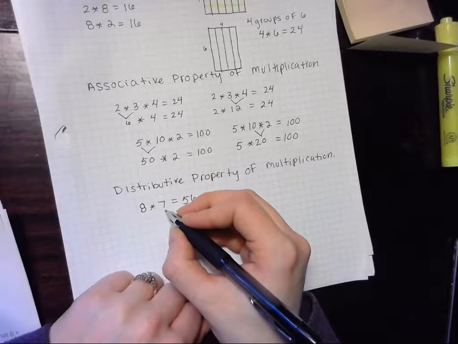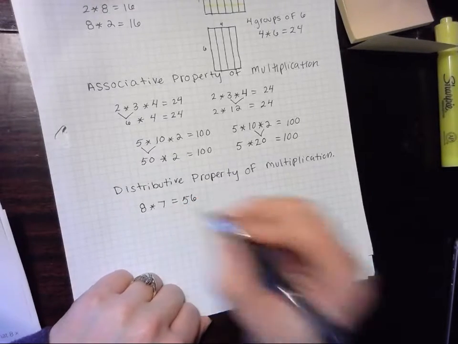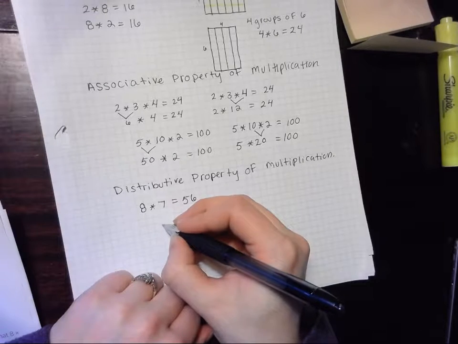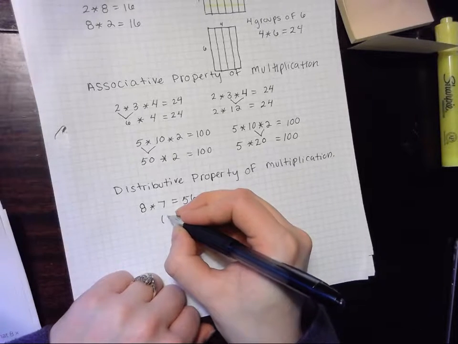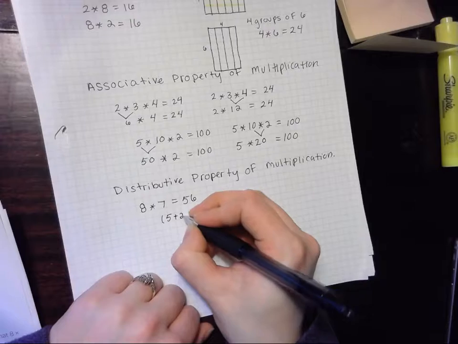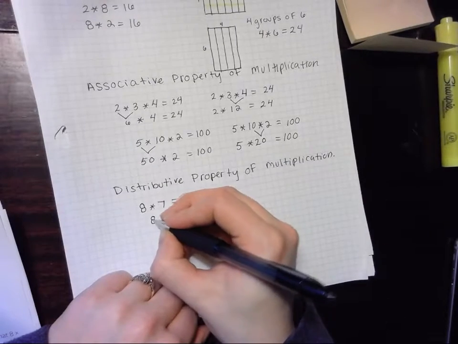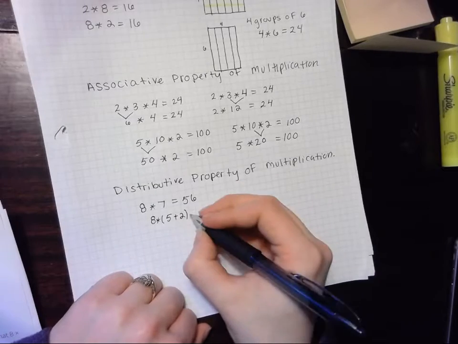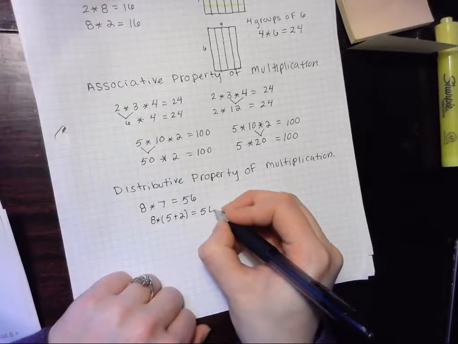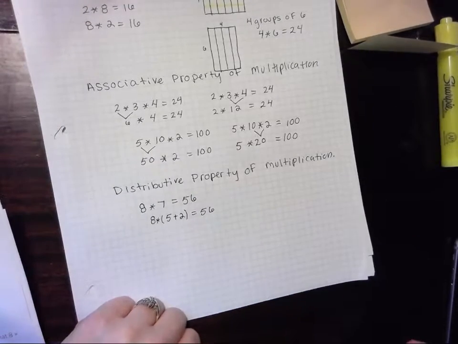So let's look at 7 and see that 7 is the same as 5 plus 2. Okay? And we want to multiply 8 by that so that it still equals 56.